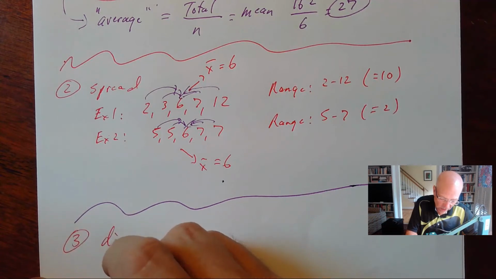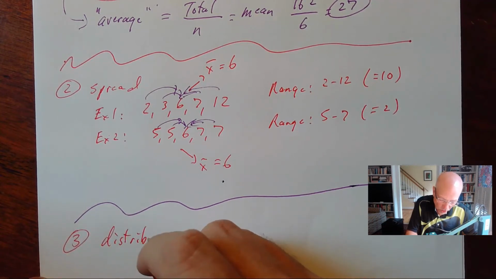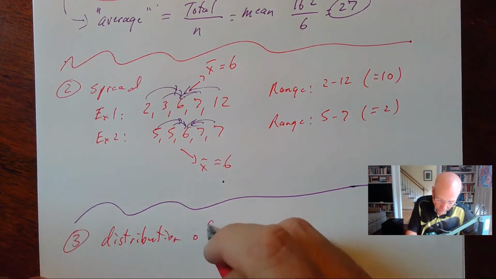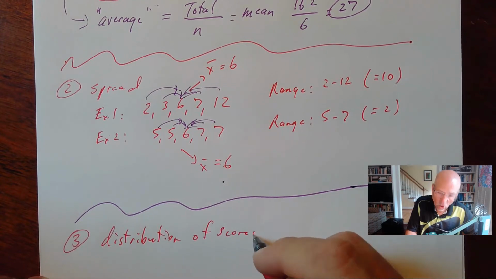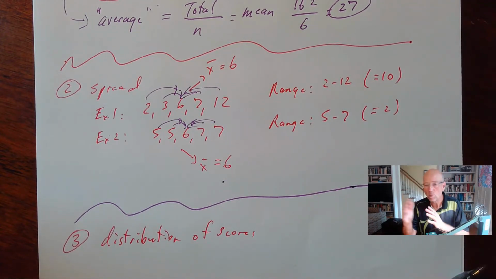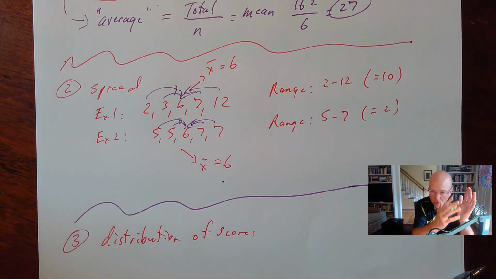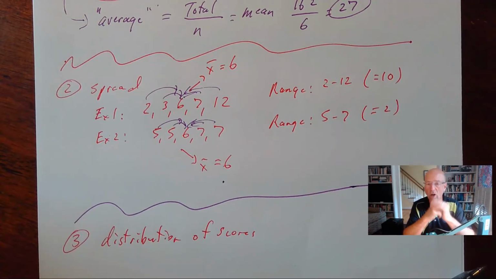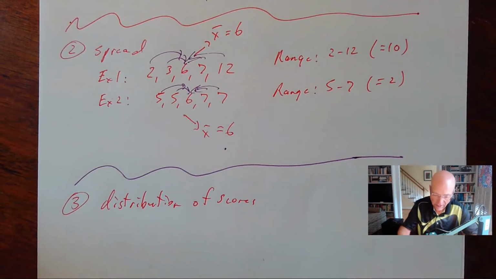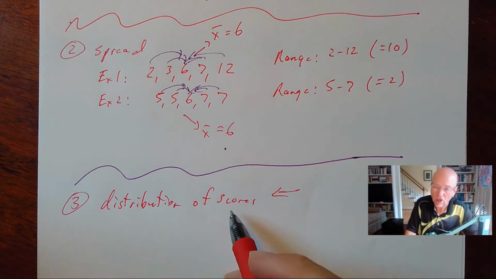We need that to look at the distribution of scores. Where are the scores? How spread out are they, and is there a big lump of scores here and another big lump of scores here, or are most of the scores in the middle of the distribution? Anytime you start asking questions like that, you're talking about the distribution of scores.